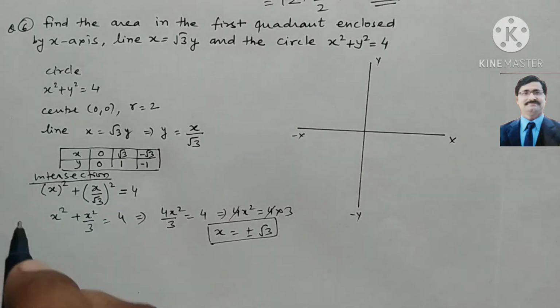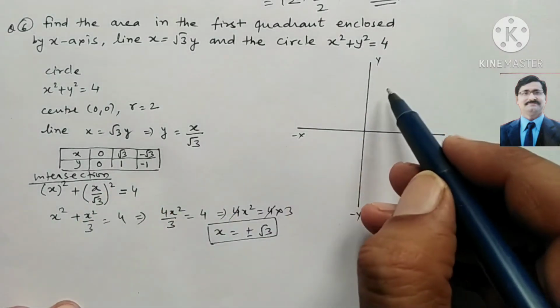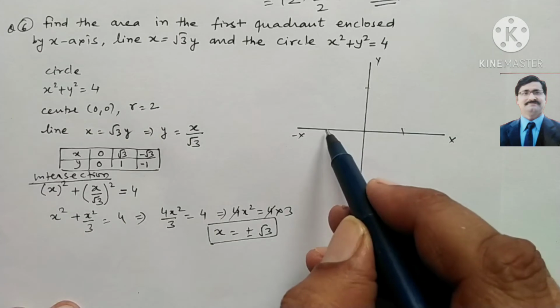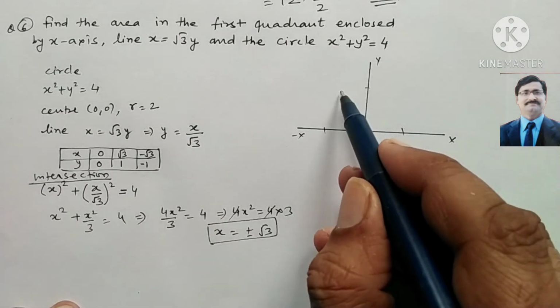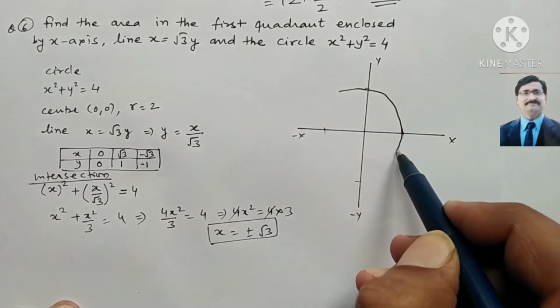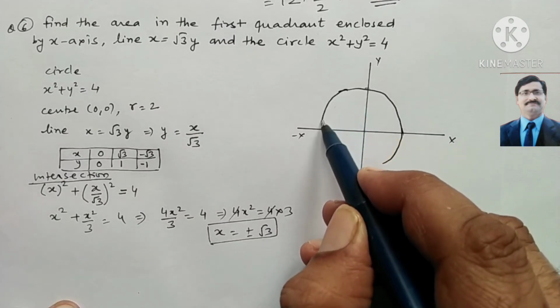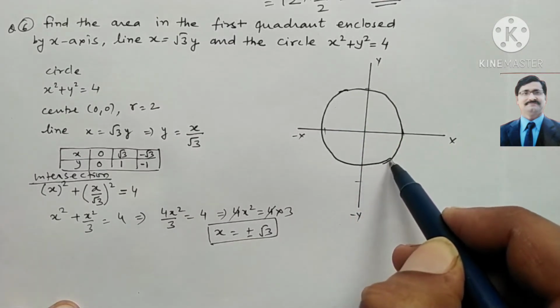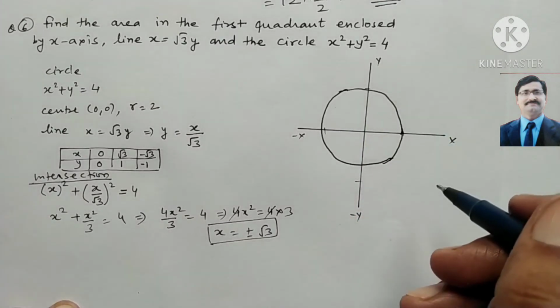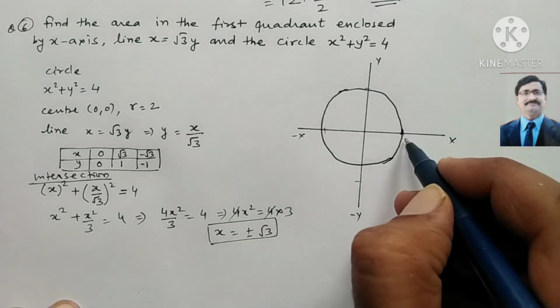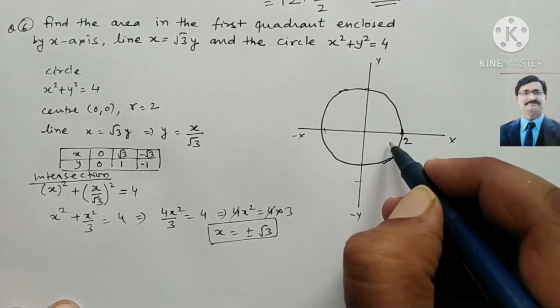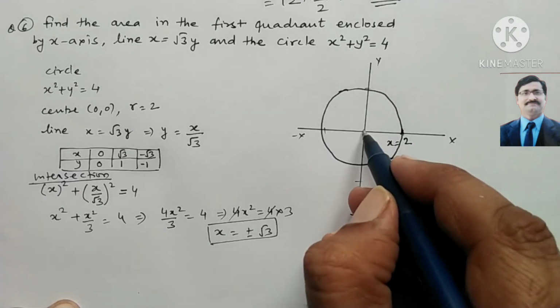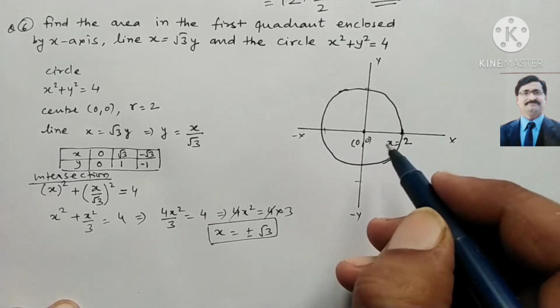Okay, now look here, according to this, 2 is the radius, so we can draw this circle. Look, this way we can get a circle. Here the radius is 2, so this point is 2. Okay, x = 2 we can write, and this is the center (0, 0).